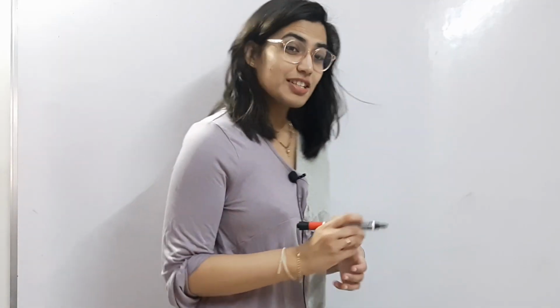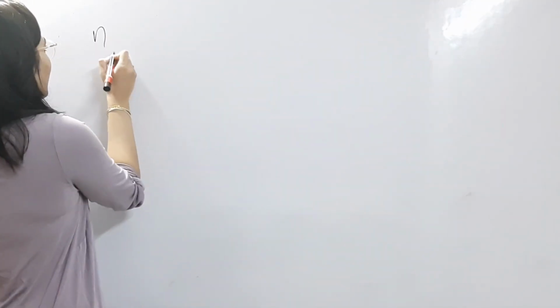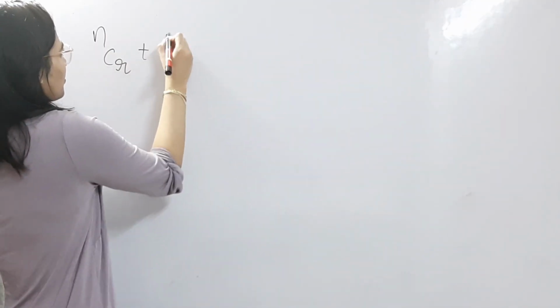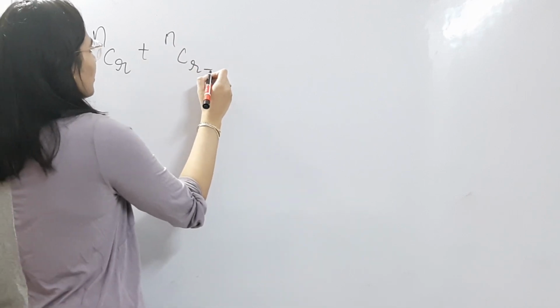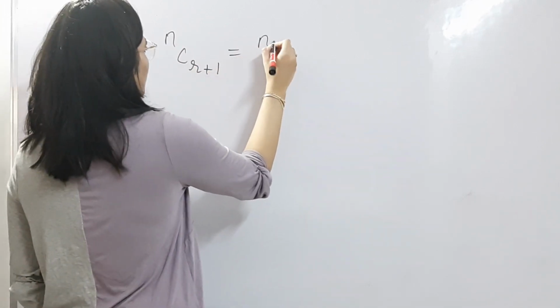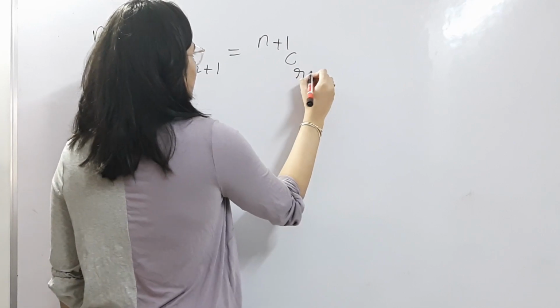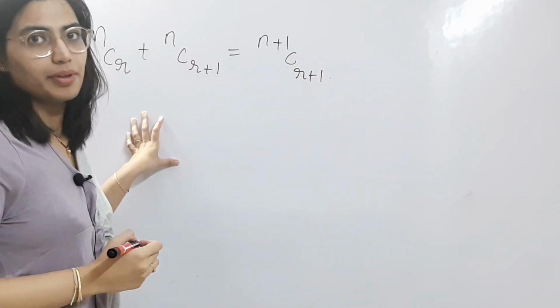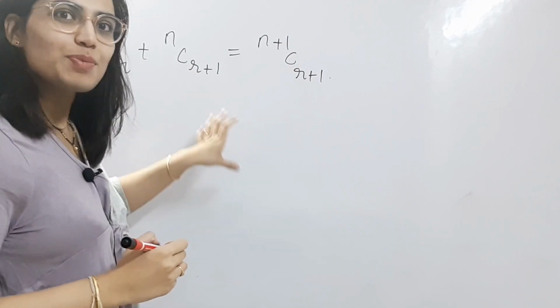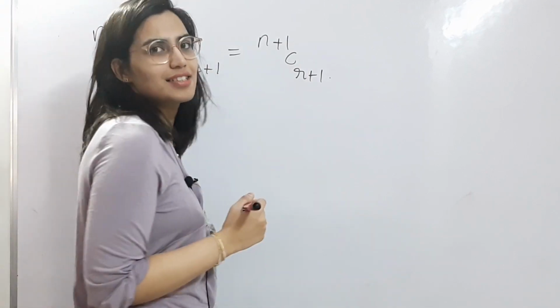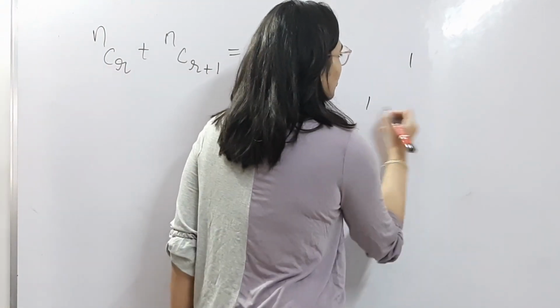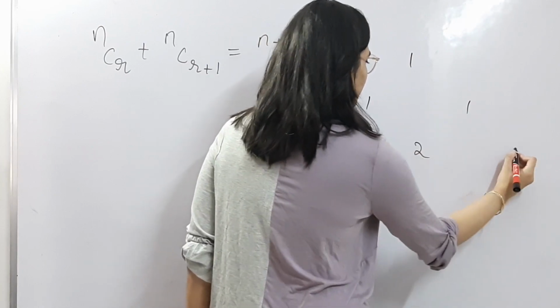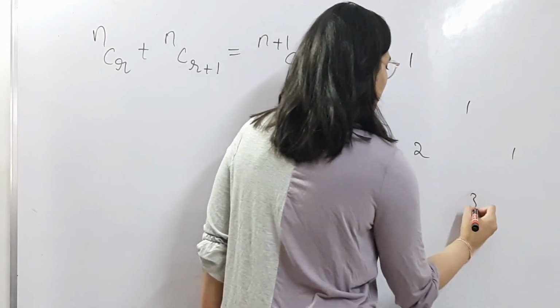So the next concept is nCr plus nC(r plus 1) is equal to (n plus 1)C(r plus 1). This is another property that you need to remember. This property has been derived from the concept of Pascal's triangle. You know that Pascal's triangle is this: 1, 1 1, 1 2 1, 1 3 3 1.